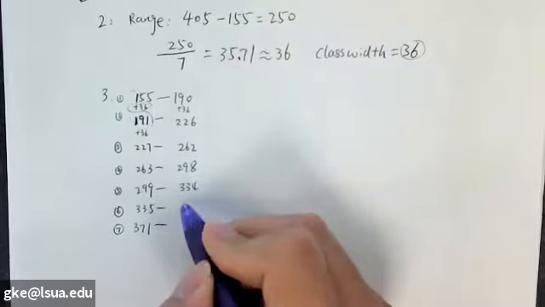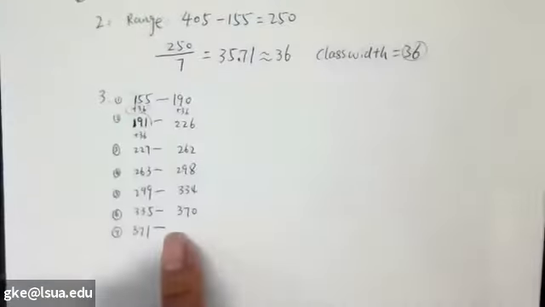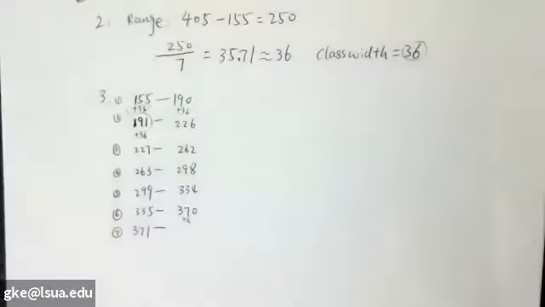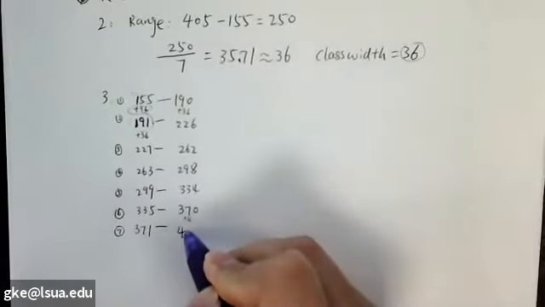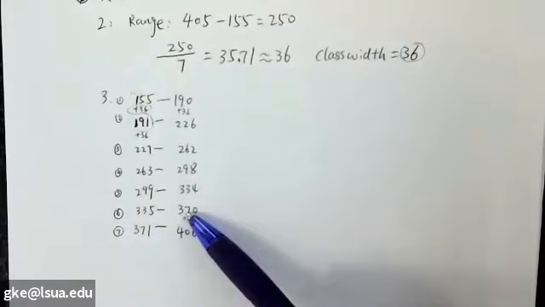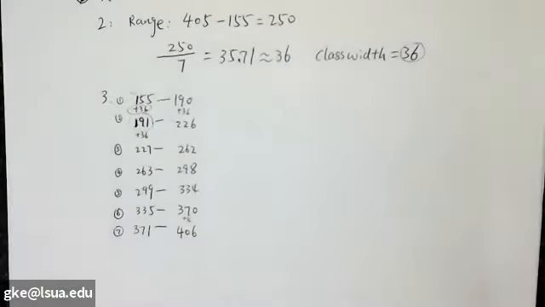I just write down everything here. And for the last one you need to plus 36, right? The last one, 370 plus 36, is going to be 406.